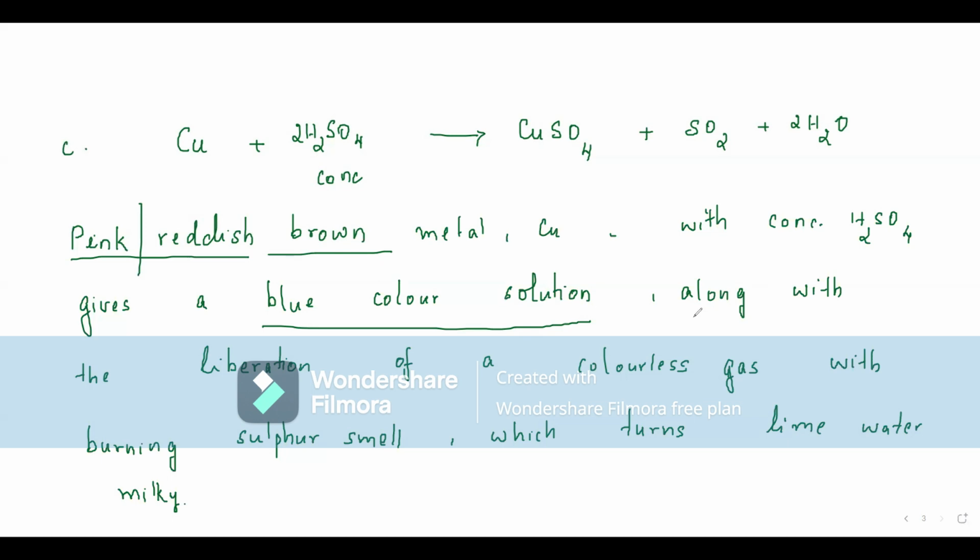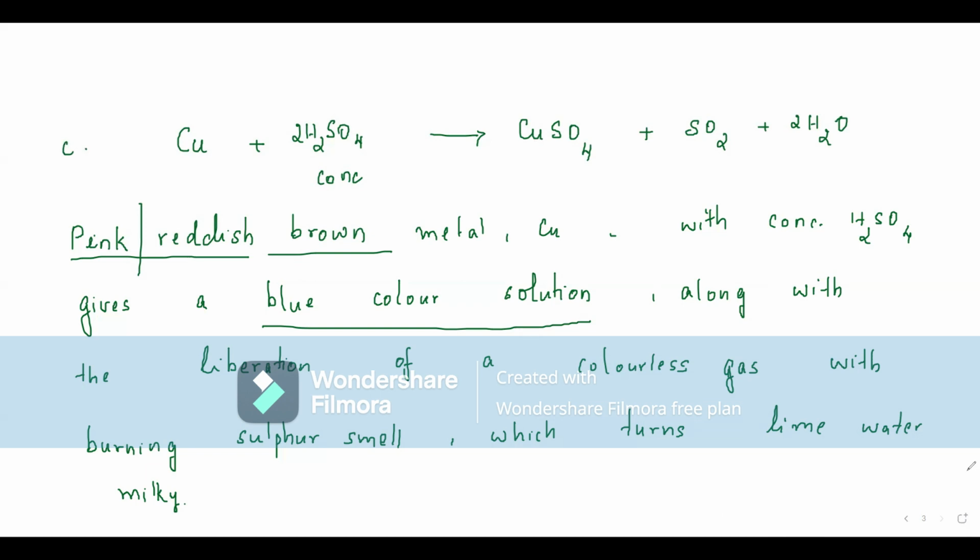But for perfection, I have explained the complete answer along with the liberation of a colorless gas with burning sulfur smell, which turns lime water milky. That is all about reactions of concentrated sulfuric acid with copper metal.